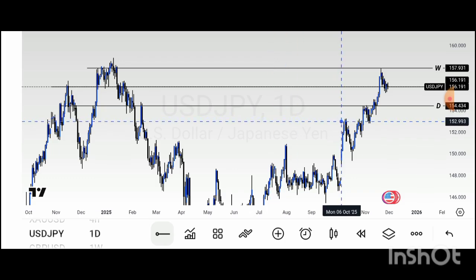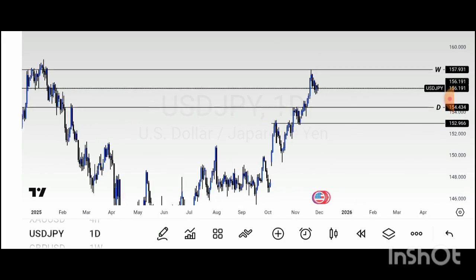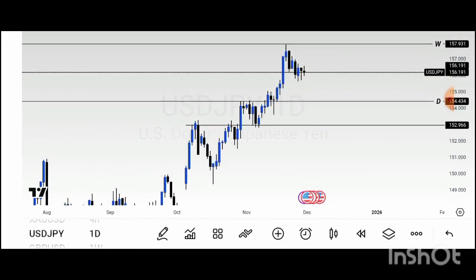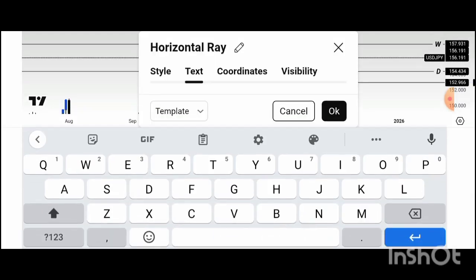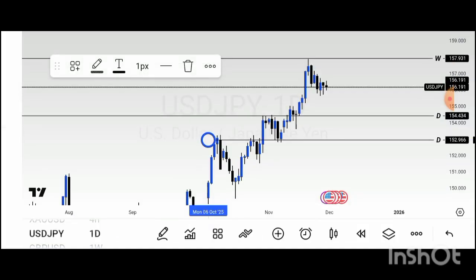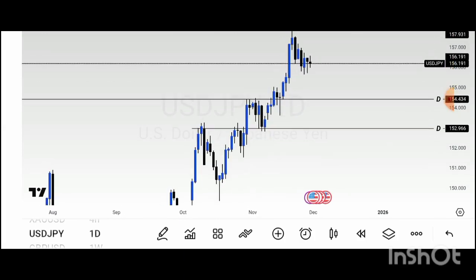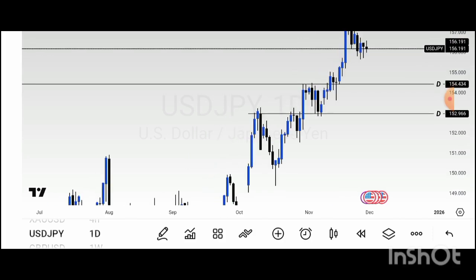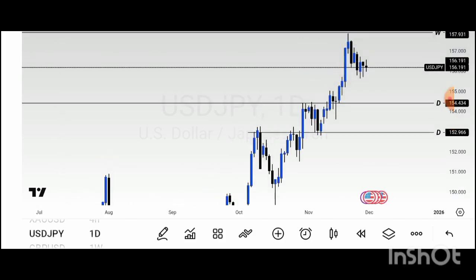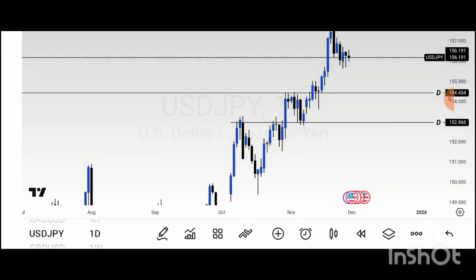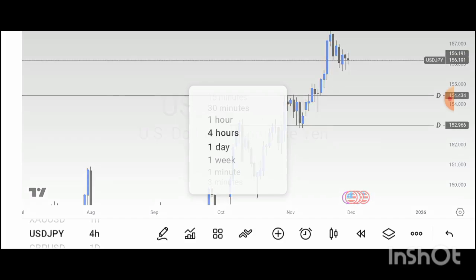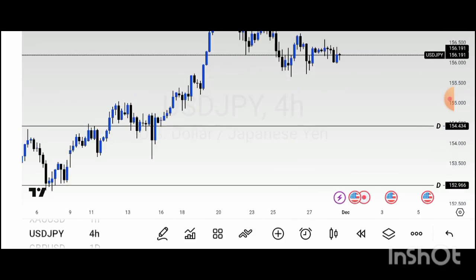So right here, let me zoom that in, you can see that this zone is very reactive, has been very reactive. We'll stop there. If you like, you can continue all the way down. It's possible that the market will come down all the way there, but let's go down to the 4 hours to find other key levels.